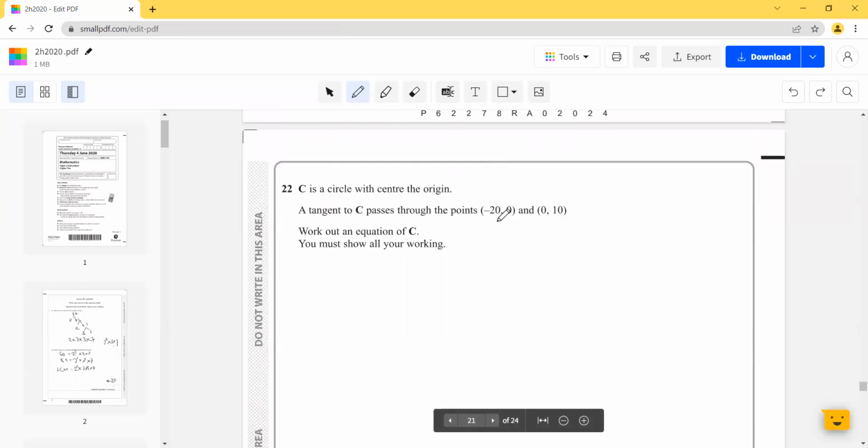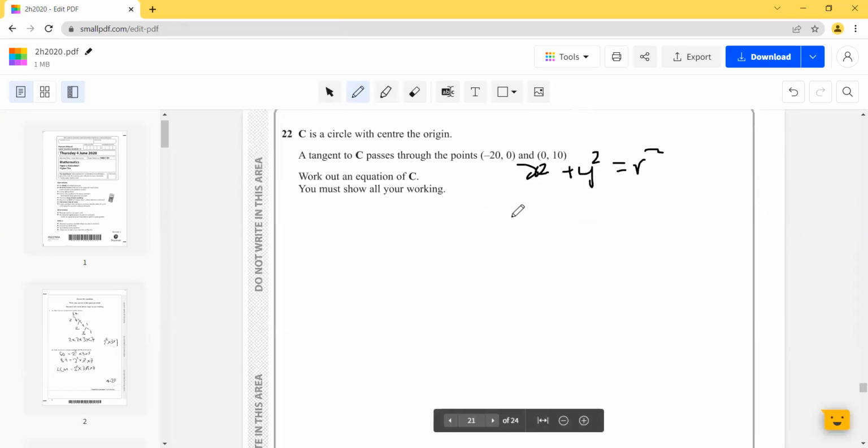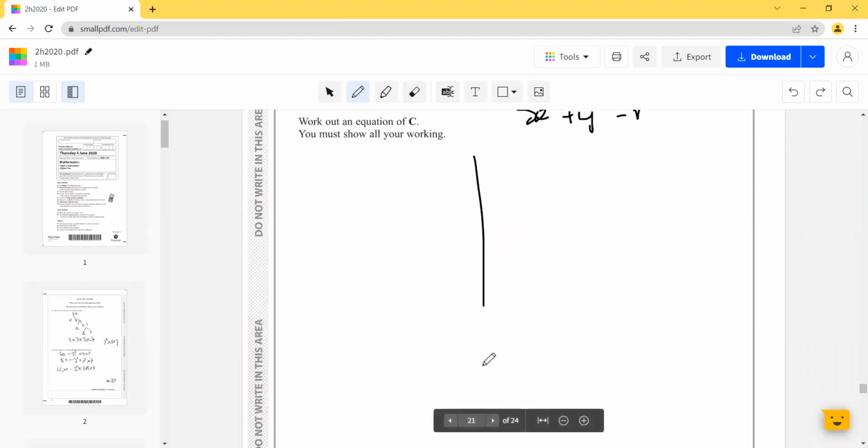We know that x squared plus y squared is r squared, and the main thing is to work out the radius. So how are we going to work out the radius? I should have taken out my circle, but anyway. Let me draw it bigger. I'll draw a straight line.